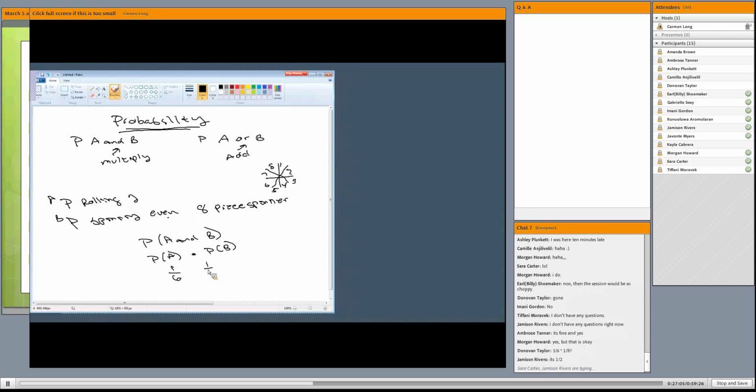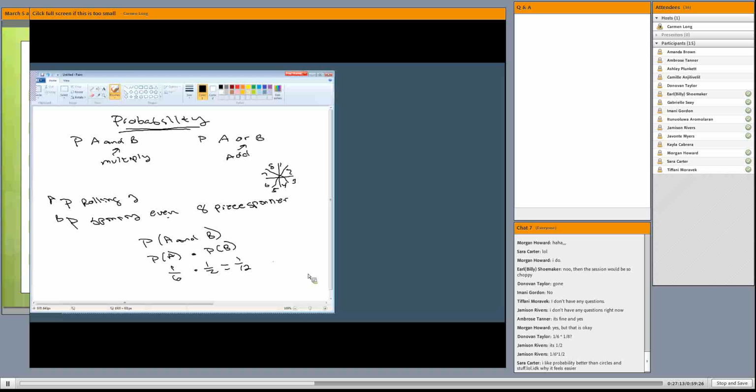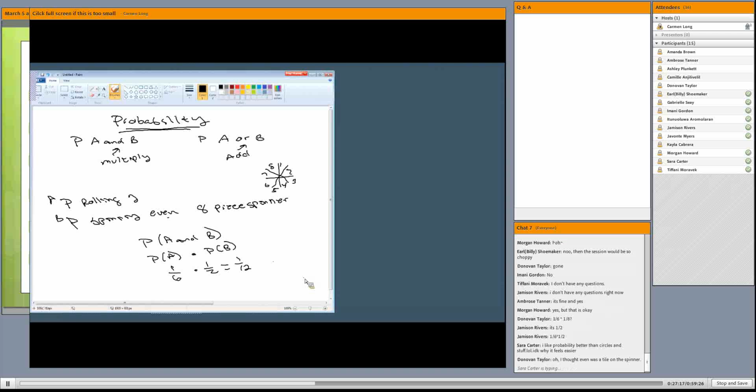And then you just multiply. So the probability of doing both is a 12th. Everybody that's still finishing Unit 3 is like, oh, I can't wait to do probability. Yep. So I had to draw my spinner.